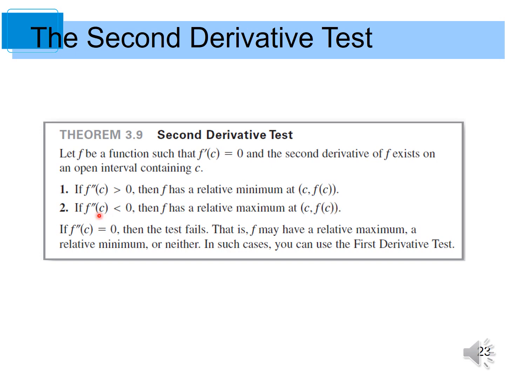If f double prime of c is a negative value, or concave downward, then f has a relative maximum at the point (c, f(c)). If f double prime of c equals 0, then the test fails. That is, f may have a relative maximum, a relative minimum, or neither. In such cases, you can use the first derivative test.